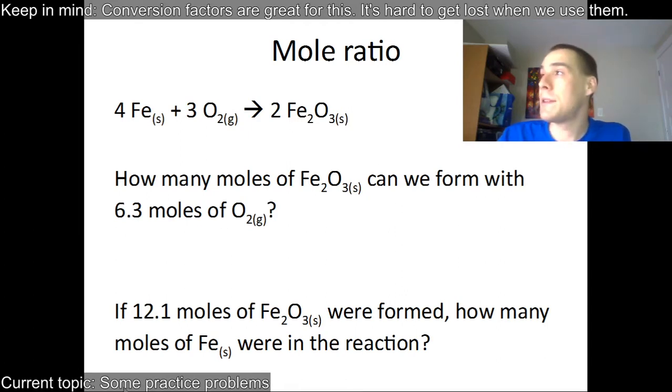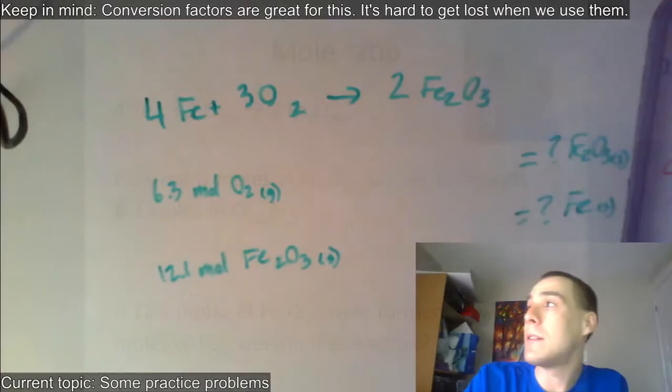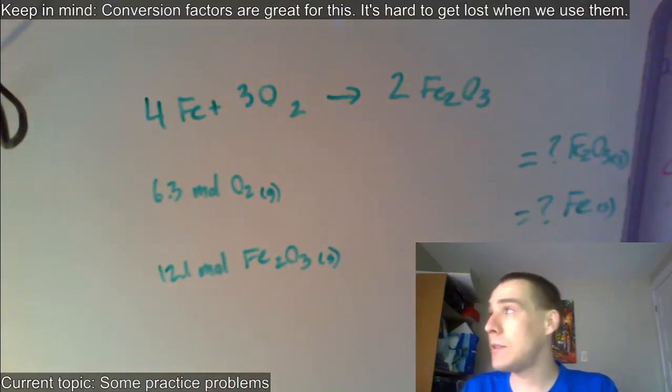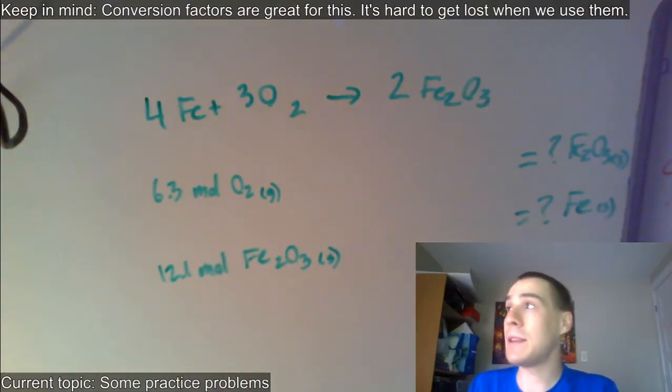And the second question is a different question with different answers. We do it again and we make 12.1 moles of Fe2O3. The question was how many moles of iron were in the original reaction. I've written this down on the whiteboard, and we're going to solve it using the conversion factor method.